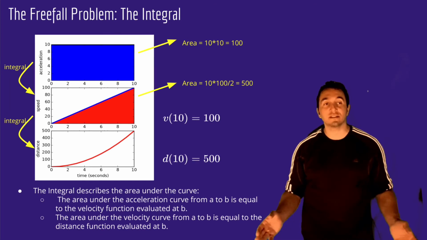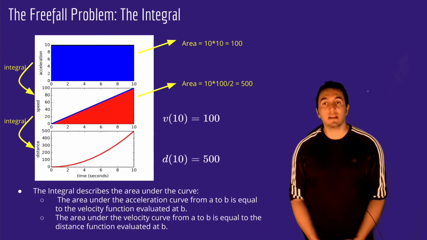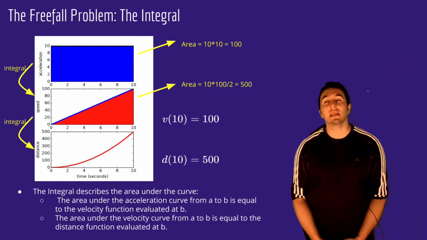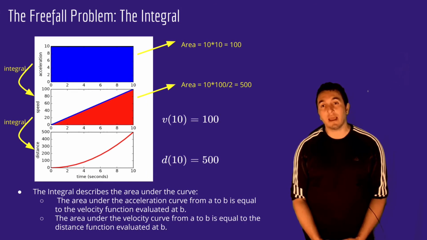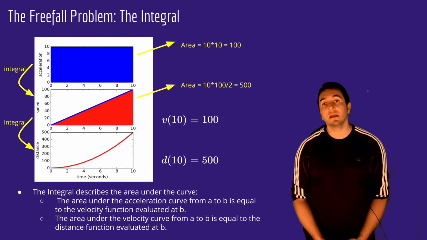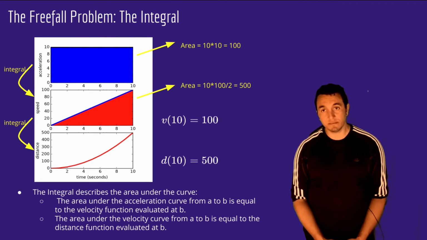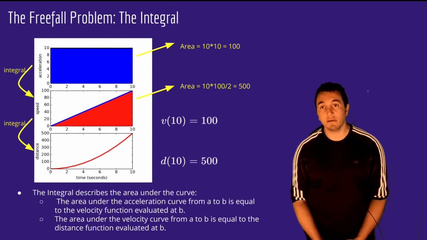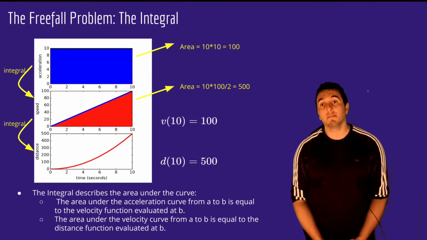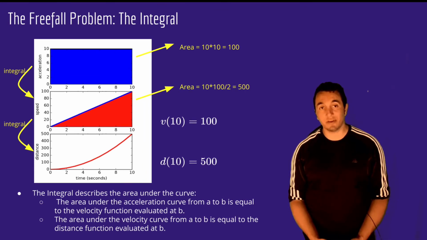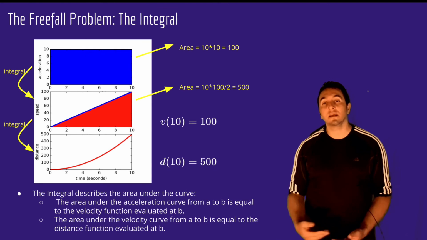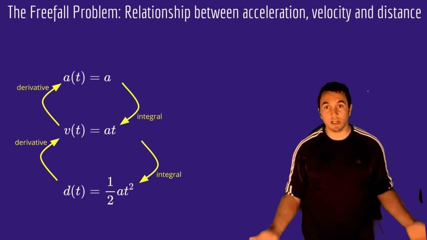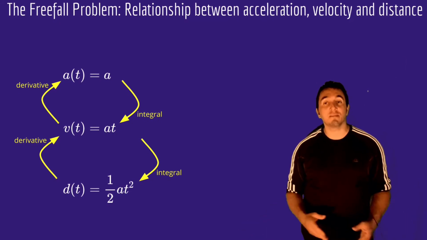A really important relationship that you learn about in calculus is that the function for the acceleration, if we look at the area under the curve after a certain time, that area is given by the velocity function. And if we look at the velocity function, the area under that curve is given by the position or the distance function at any given time. So of course, the velocity tells us how the distance is changing, and the acceleration tells us how the velocity is changing. And that relationship there is what we learn about when we study calculus.